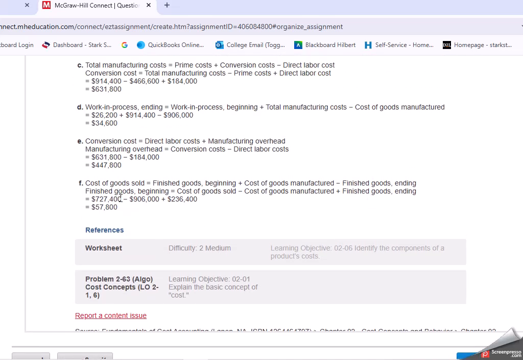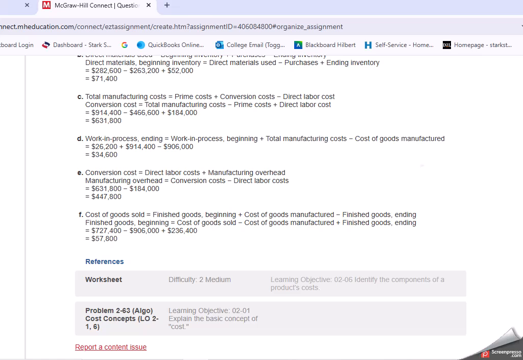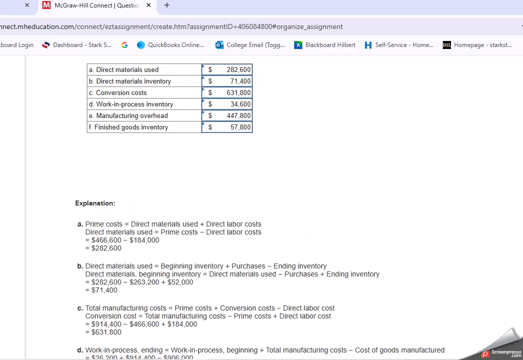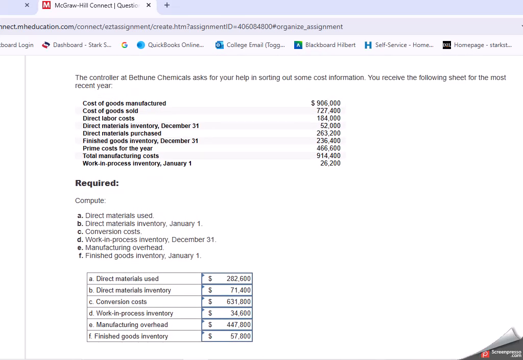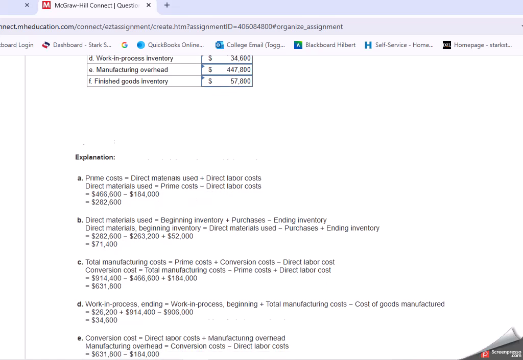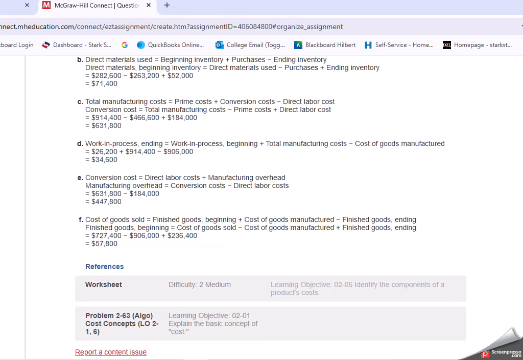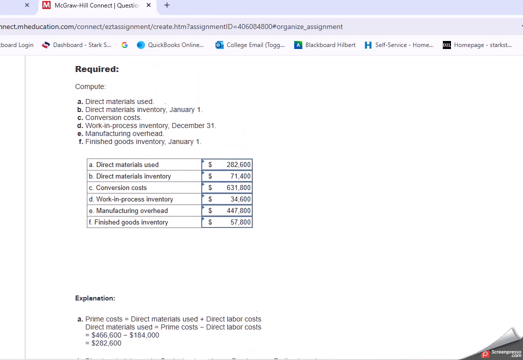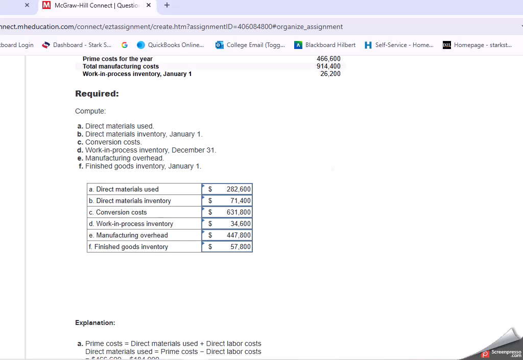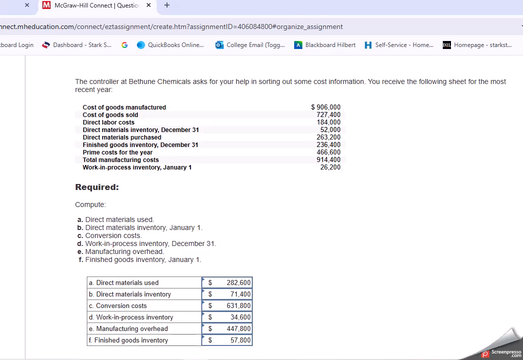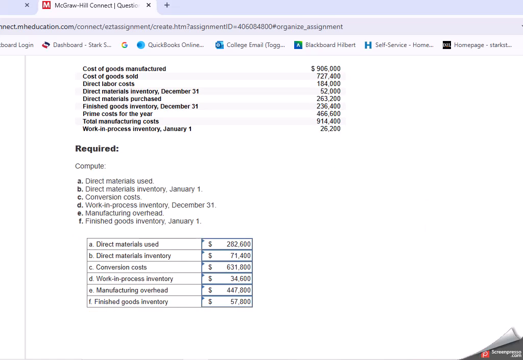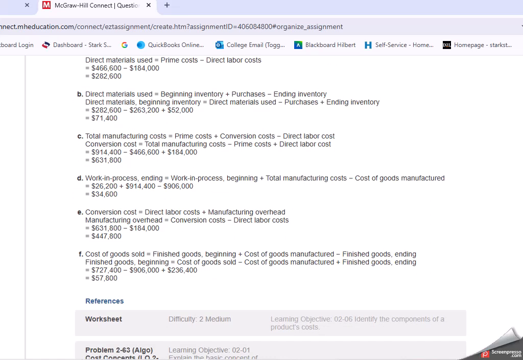So we take the 727,400, our cost of goods sold, and add our ending inventory, the 236,400. That's what would have been available, and then subtract out that cost of goods manufactured. So that's what we would have started with.